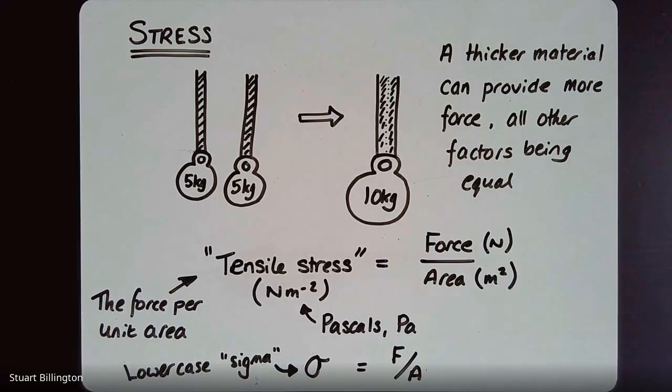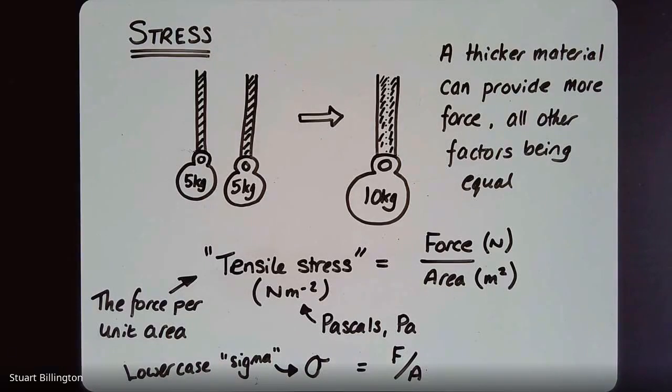It's newtons per meter squared, but that's the same unit as we study in pressure, the pressure of the atmosphere and things like that. So that's been named for many hundreds of years, and that's known as the Pascal. So the unit of stress is the newton per meter squared, but that's referred to as the Pascal, which is a capital P and a lowercase a.